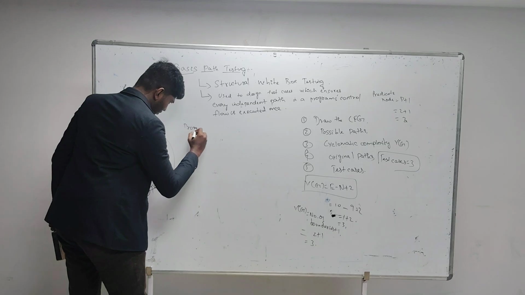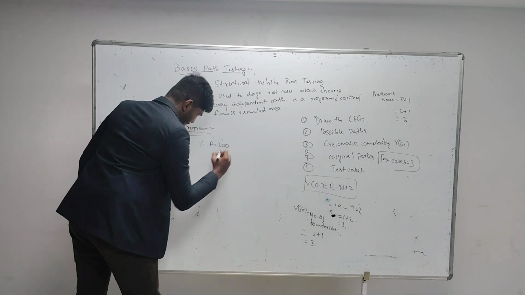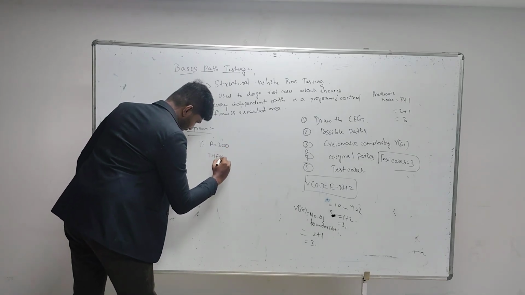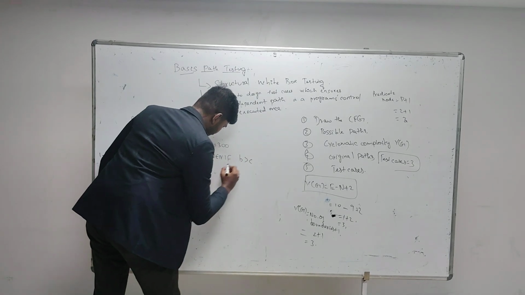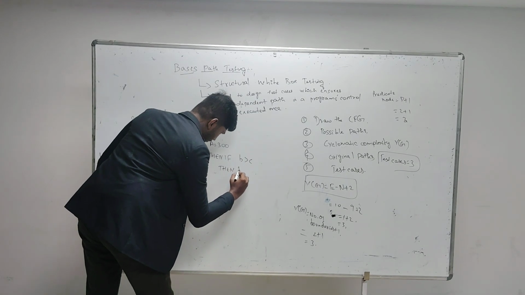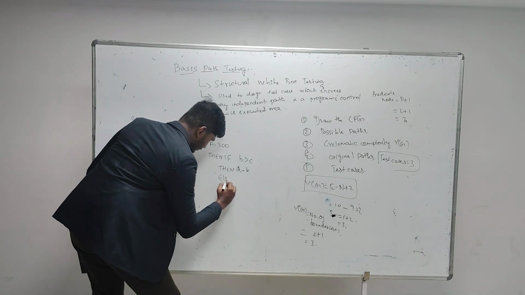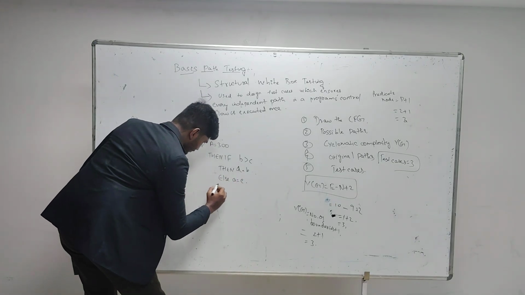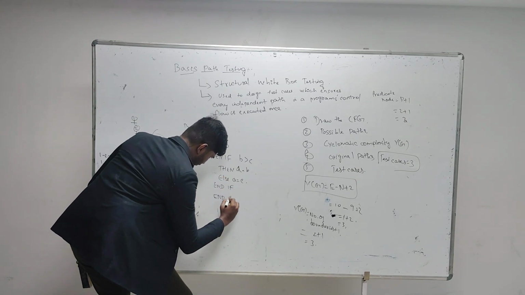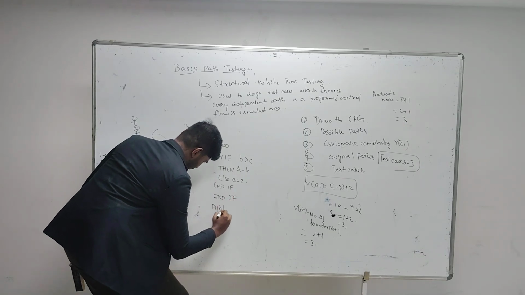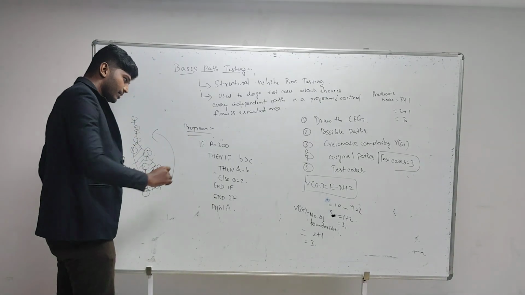So, if A is equal to 300, this is very basic code actually. From that you have to derive the CFG.